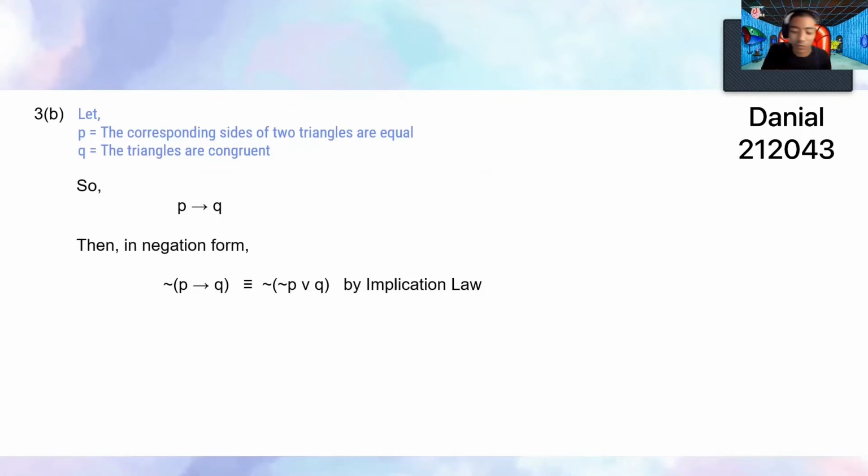Yes, we already know it. And next, we do De Morgan's law and we get the answer P and negation Q.